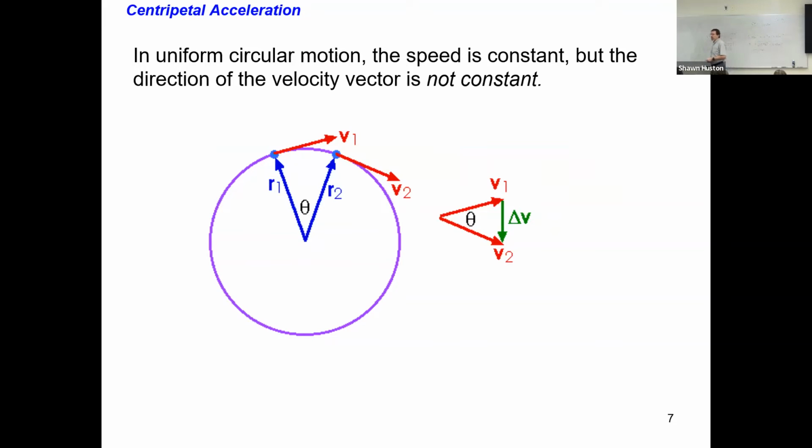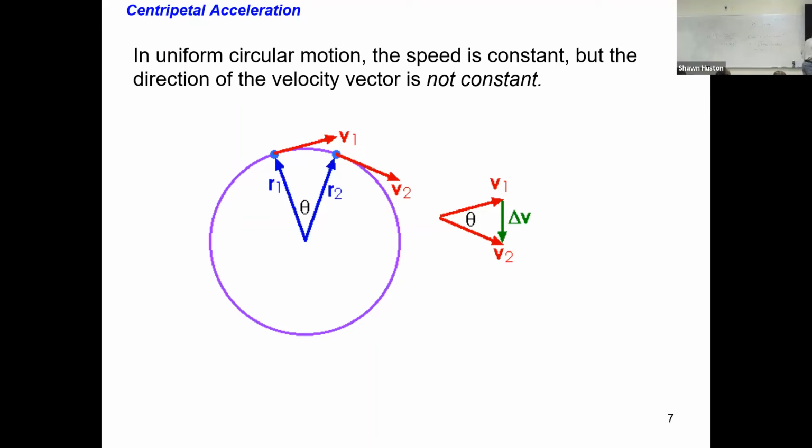Velocity is a vector. It has both size and direction. So the size of my velocity is not changing, but the direction is.